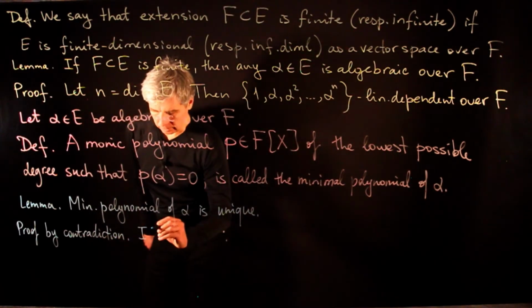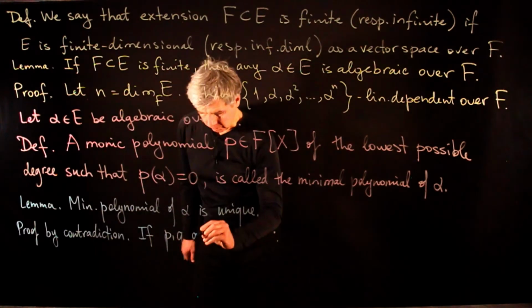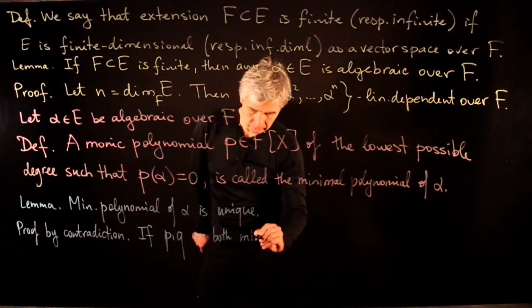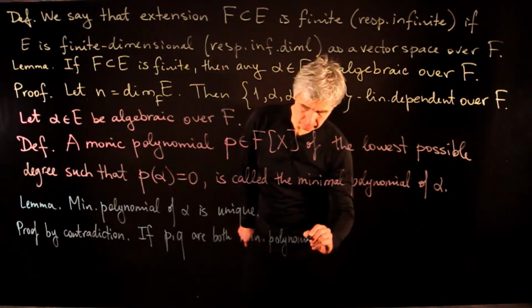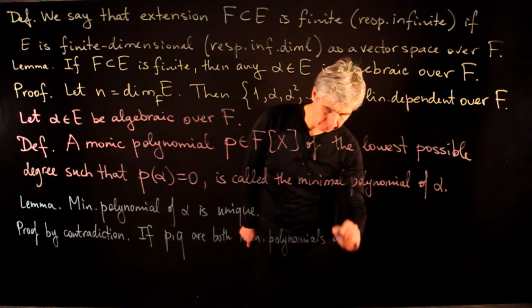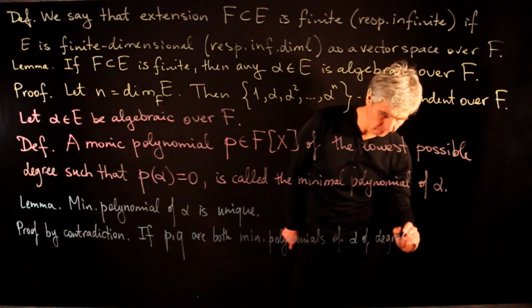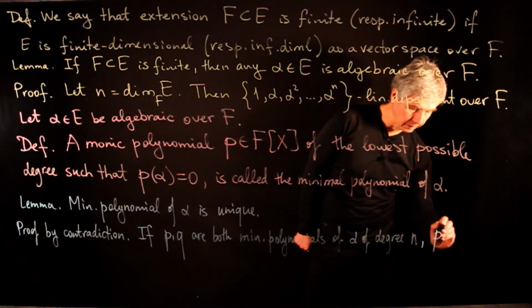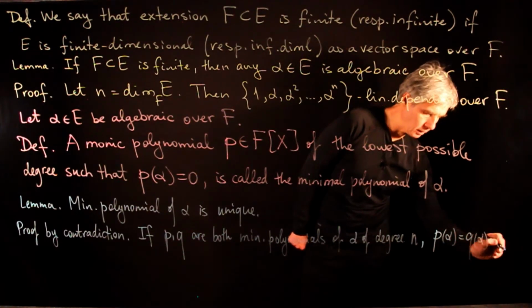So if P and Q are both minimal polynomials of alpha of degree n, so that they are monic, and P of alpha and Q of alpha are both equal to 0.